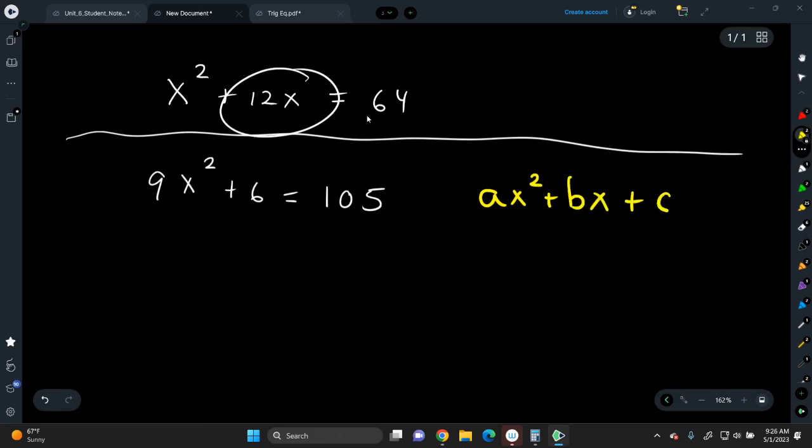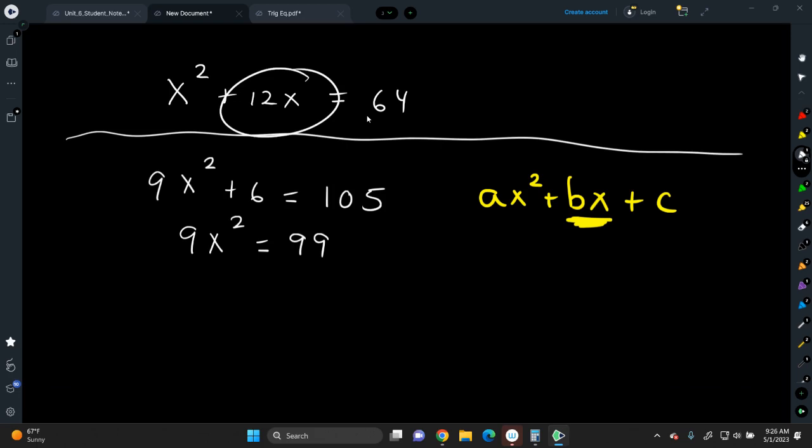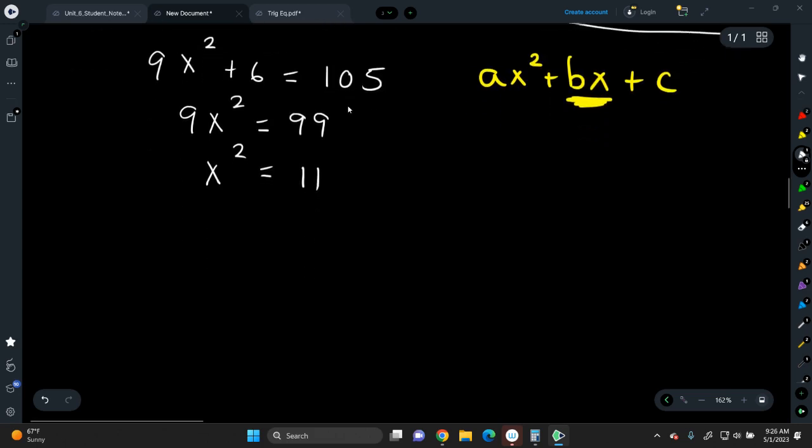The b always has an x next to it. Okay? So what would I do? You'll subtract 6. Good. So we have 9x squared equals 99. And then divide by 9. X squared equals 11. Just plus or minus. Good. Plus or minus the square root of 11.